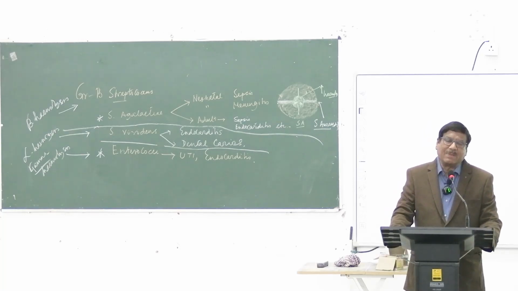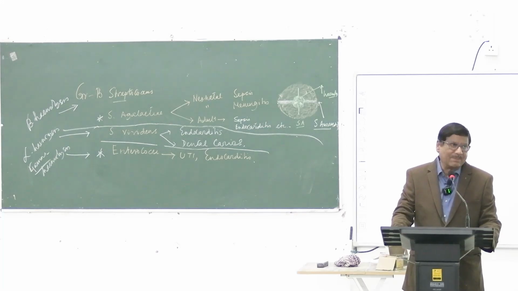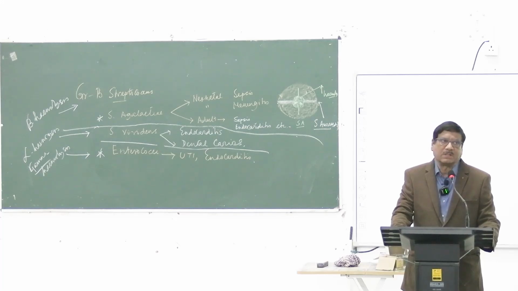Another group is gamma hemolysis, that is, no hemolysis on blood agar. So in the beta hemolysis group, Streptococcus pyogenes and Streptococcus agalactiae, these two are important. For the alpha hemolytic group, Streptococcus viridans is important, and for the gamma hemolytic group, Enterococci. Only these four are important for you.